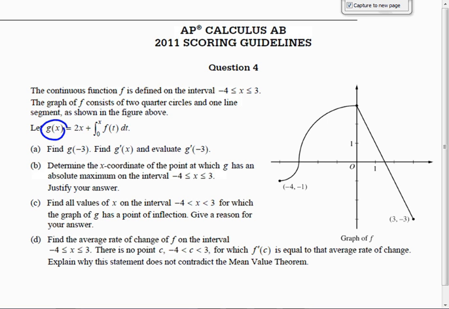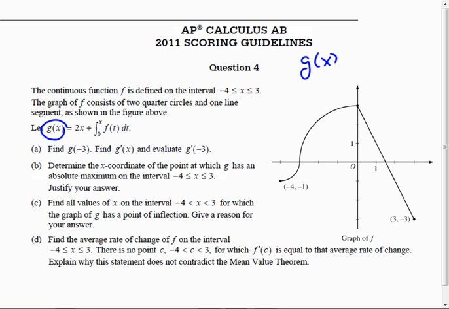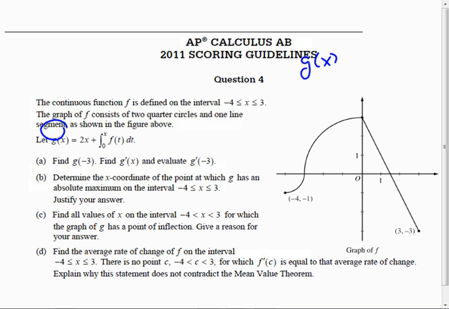So if g of x equals 2x plus the integral from 0 to x of f of t dt, what's g prime of x? 2 plus the derivative of an antiderivative.